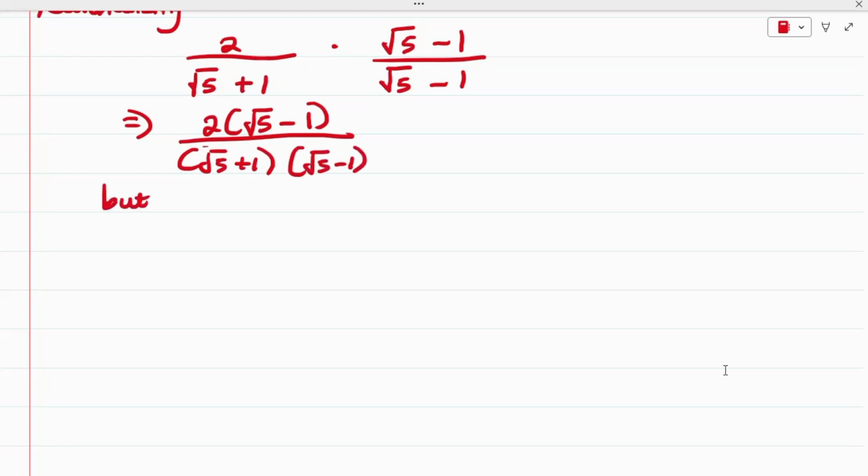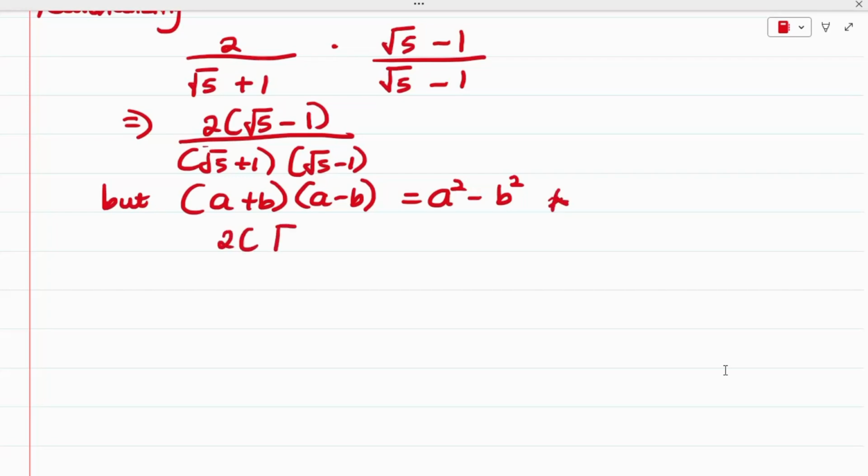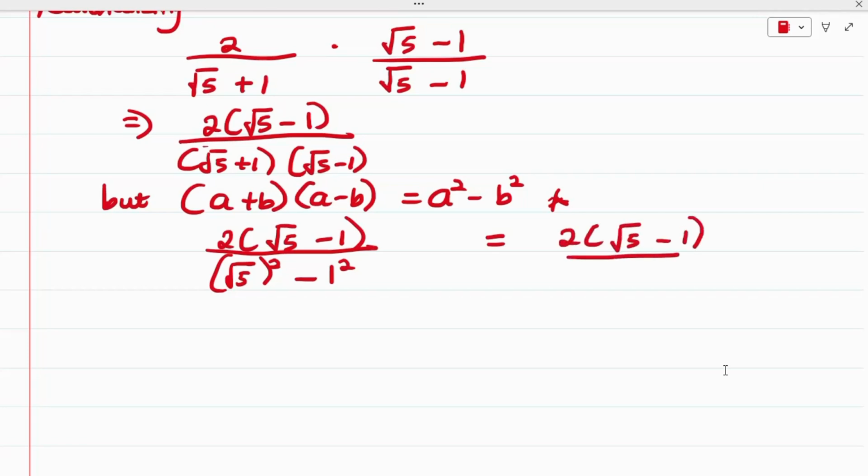For the denominator, if we have a plus b multiplied by a minus b, this is equal to a squared minus b squared. So we apply this to the denominator: we have 2 multiplied by the root of 5 minus 1, divided by the root of 5 all squared minus 1 squared.